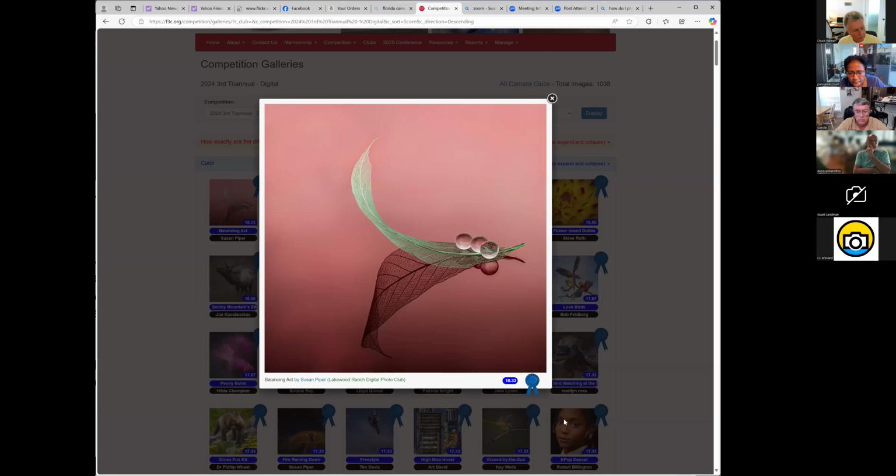And by the way, we offered a handout. We gave you a link, but if you go to the Camera Club website, go to resources, and then tutorials and articles, you will find a handout there that goes through where you can check off on your own images.